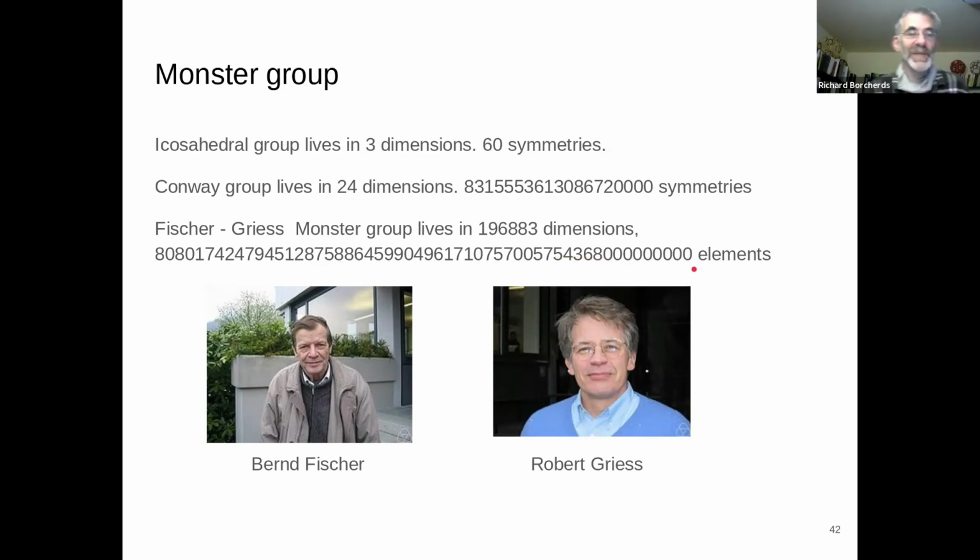So it was discovered by Fischer and Griess in the early 70s. Or rather, Fischer and Griess at first suggested the possibility of a group like this existing, but for a long time it was unclear whether there was such a group, because it's actually incredibly difficult writing down such a group.